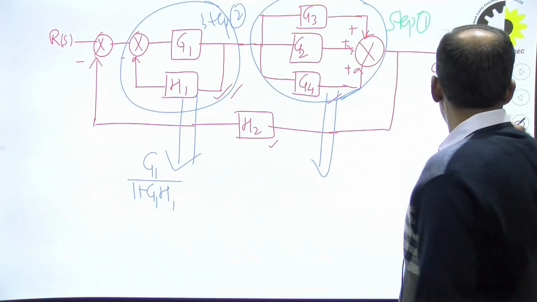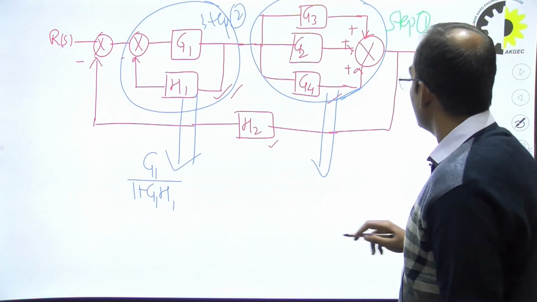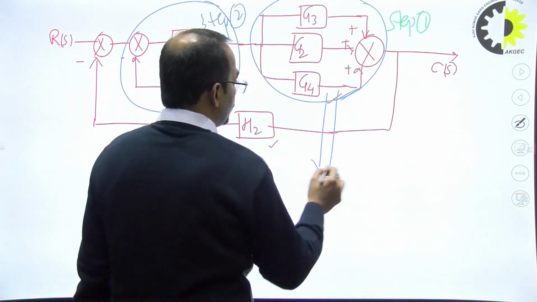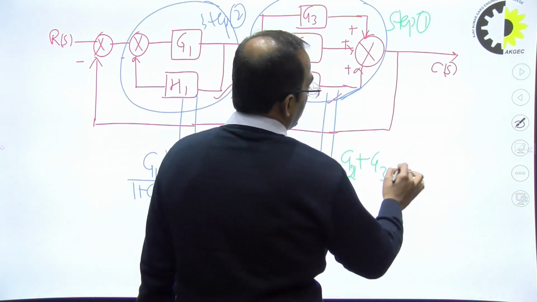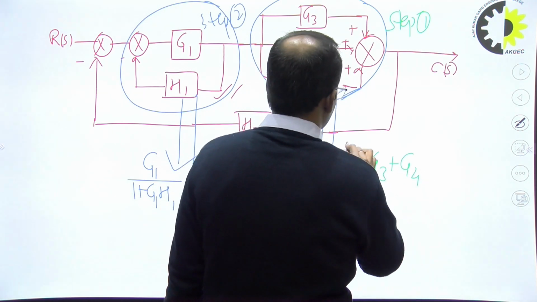After step 1, I am getting the output G2 plus G3 plus G4.